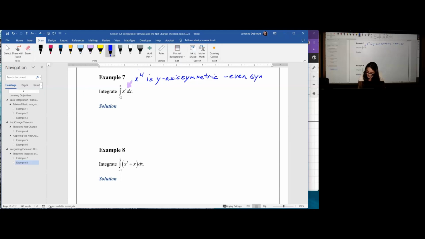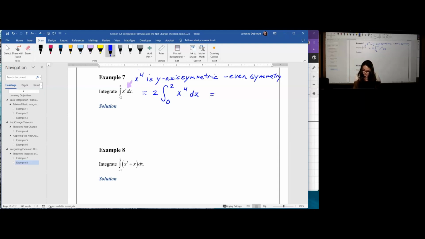If I have an even interval on both sides, and I do because it's from -2 to 2, then I can instead write this as double the integral from 0 to 2 of x to the 4th dx. And then when I substitute, I won't be substituting a negative value, which does help a little bit.